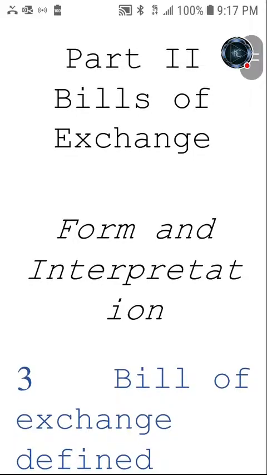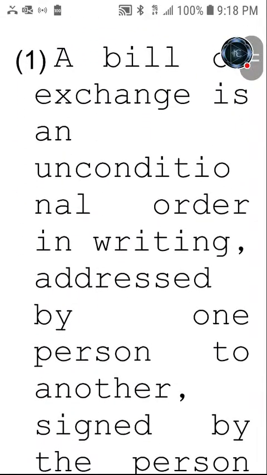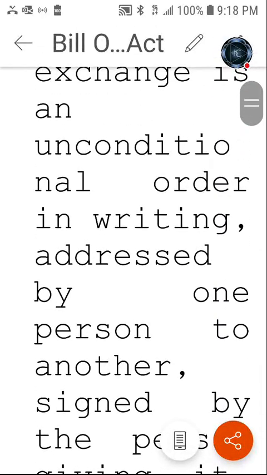Part 2. We're still at chapter 62, but they didn't put chapter 62 part 2. They just put part 2, bills of exchange, form and interpretation. Bills of exchange: a bill of exchange is an unconditional order in writing, addressed by one person to another.